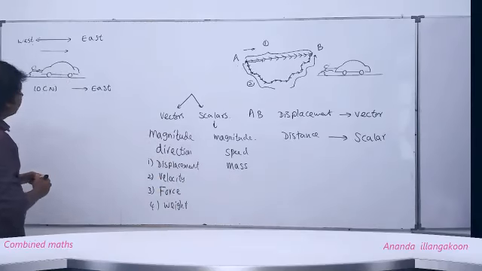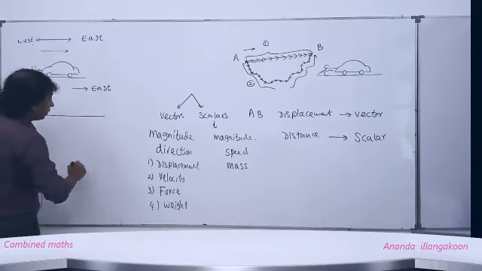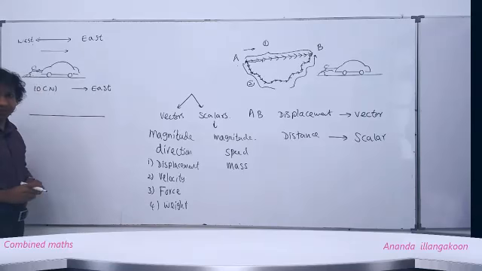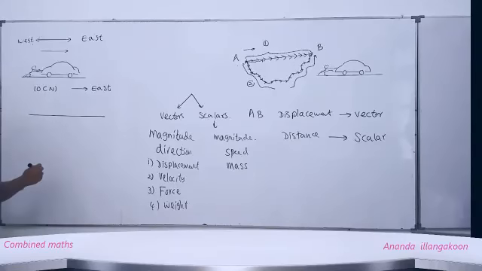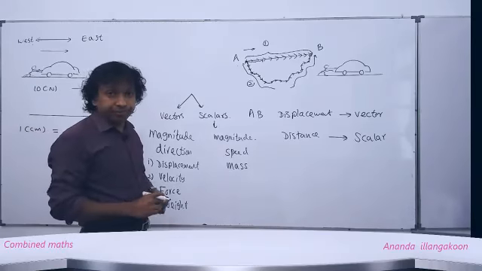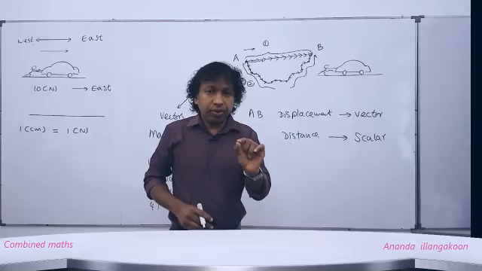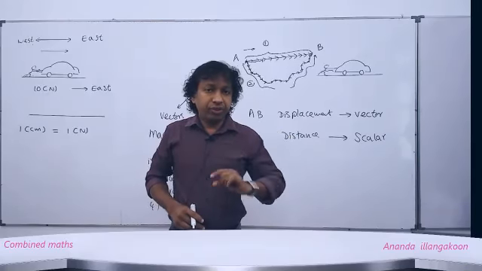Now, when you represent this 10 Newton force acting due east geometrically, we represent it this way. First of all, people, we draw a line segment in the west-east direction, and we select one scale: 1 centimeter denotes 1 Newton force.